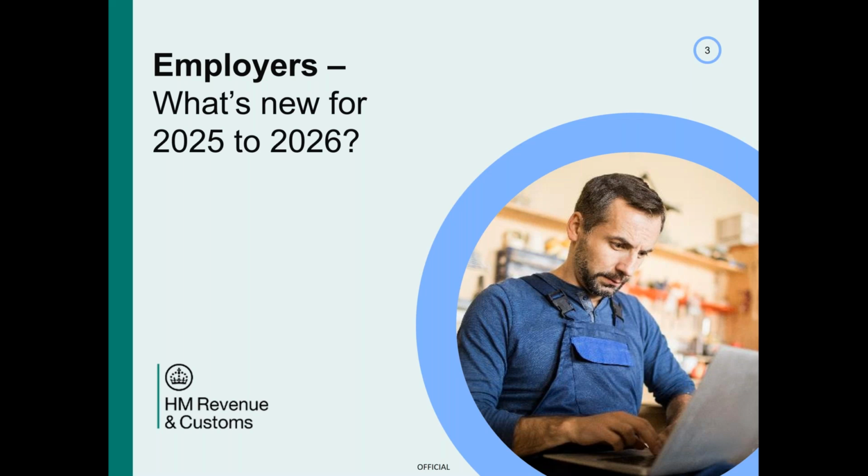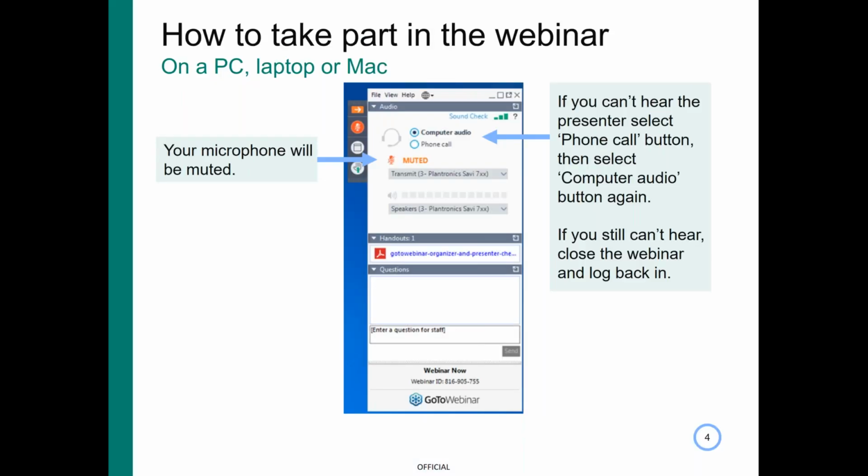If you're watching on a PC, laptop or Mac, you'll have a control panel like the one on the screen now. Near the top of the control panel in the audio box, you'll see the red muted message. Everyone's microphone is muted so that you can hear the presenters clearly, and you can adjust the sound from this audio box.